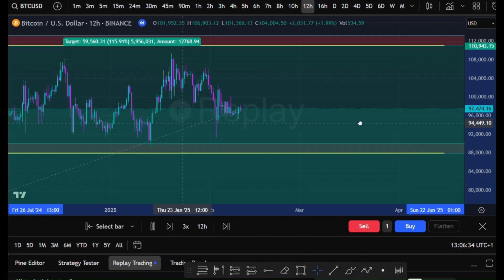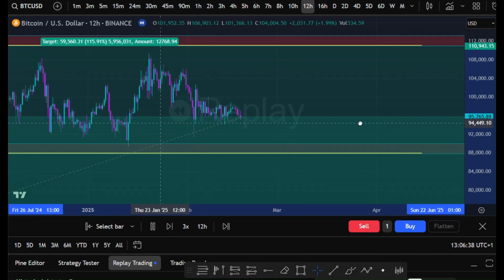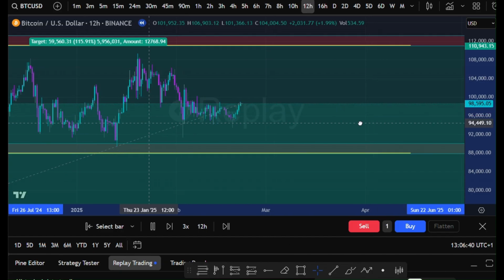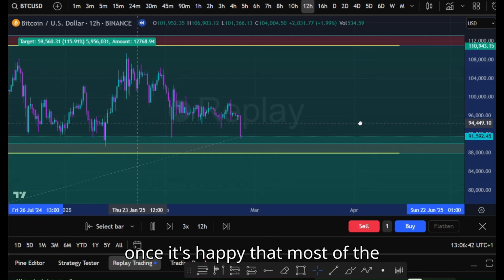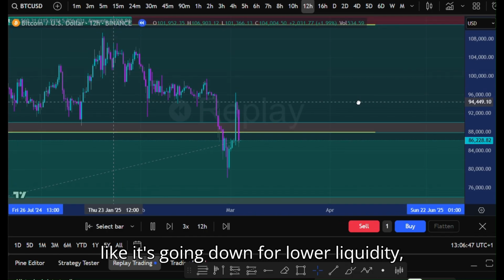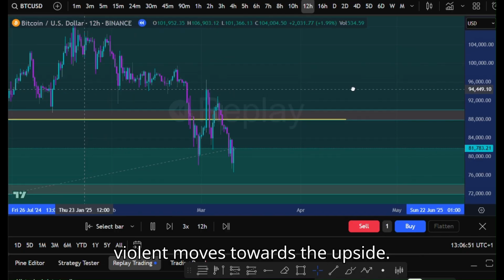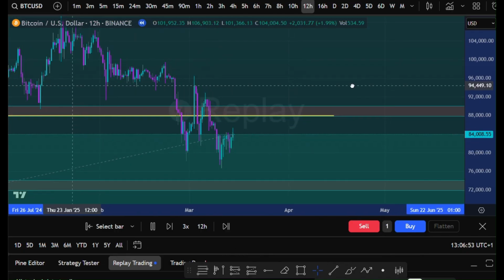So there we go, it's using this lower support box nicely, and once it's happy that most of the liquidity has been raided, which looks like it's going down for lower liquidity, you should start to see some positive and violent moves towards the upside.